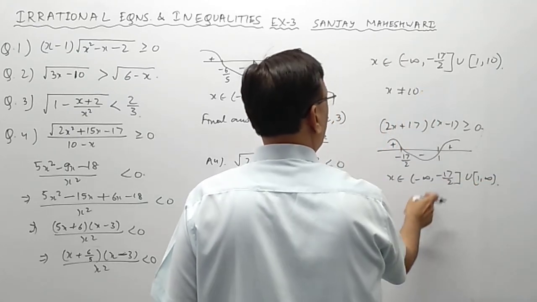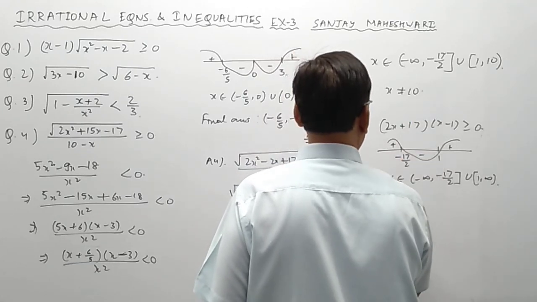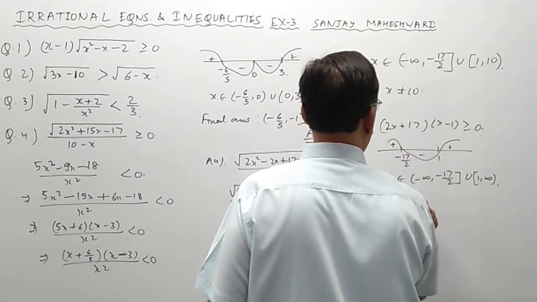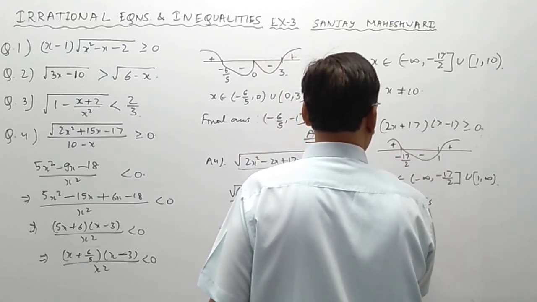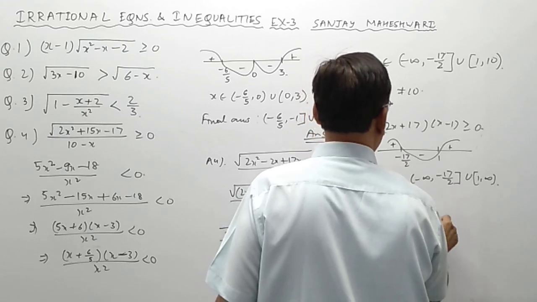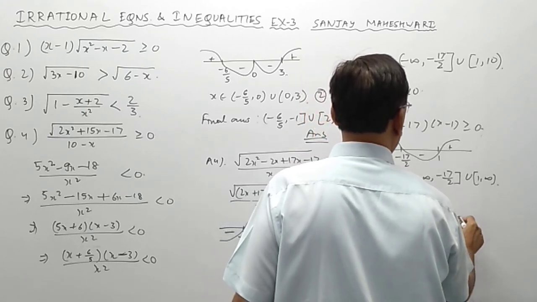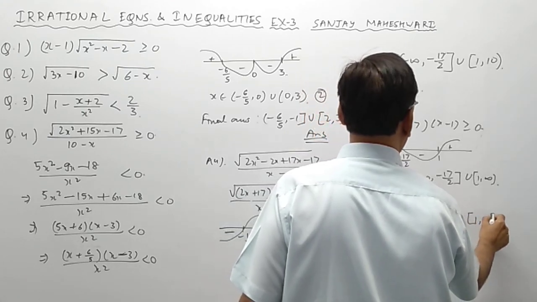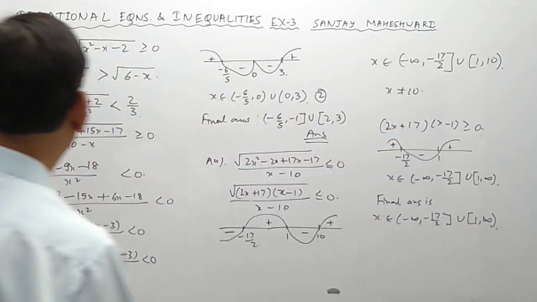So the intersection of the two will give us the final answer. The final answer is x belongs to minus infinity to minus 17 by 2 union 1 to infinity. This is the final answer.